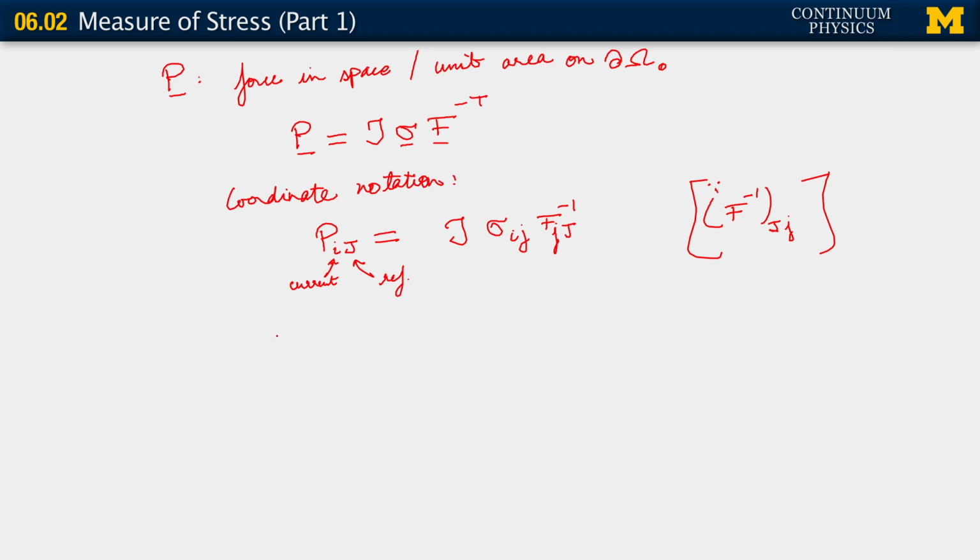The way this would work out when we put things together would be P_iJ n_J dA equals t_i dA, and in the case of the Cauchy stress, we would have sigma_ij n_j da equals t_i da. And these two are equal. So that's how all the indices work out.